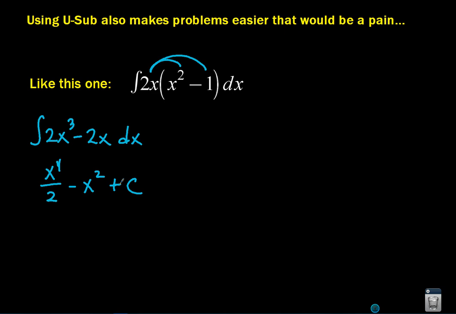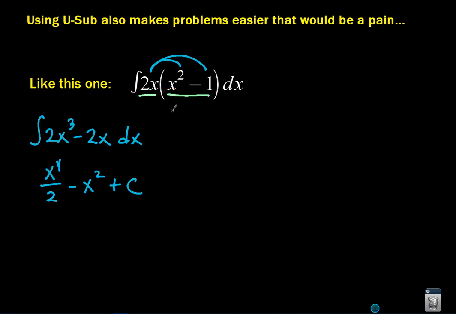So I want you to look at this problem a different way. Let's think about each of these as a separate expression. x squared minus 1 is an expression on its own, and its derivative would be what? If I just took the derivative of x squared minus 1, that derivative would be 2x, right?